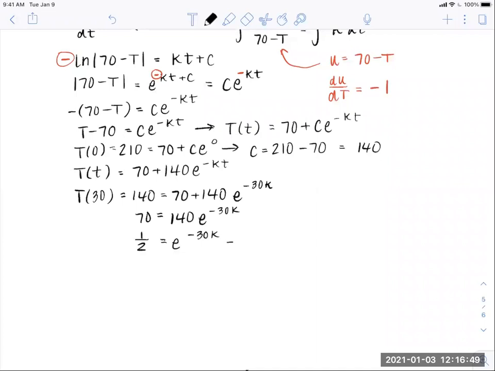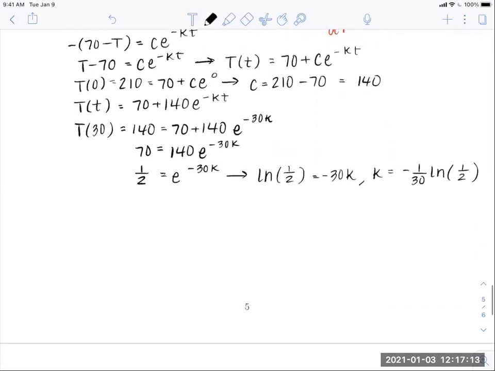Apply the natural log function. And lastly, solve for k. So k is negative 1/30 of the natural log of 1/2. Here again, resist the urge to plug this into your calculator. Rather, leave it as an exact answer so that you're not rounding anywhere.